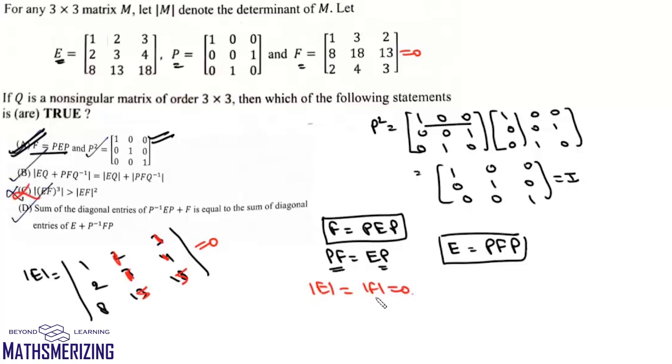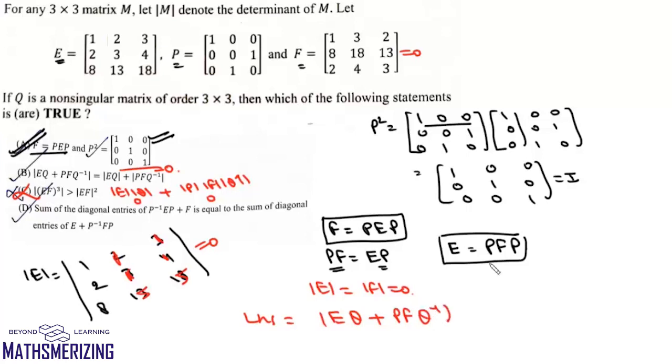Now since determinant of E and determinant of F is 0, if we look at this right hand side, determinant of E into determinant of Q plus determinant of P, determinant of F, and determinant of Q inverse. Now this is 0 and this is 0, so this right hand side will be 0. And if we look at this left hand side, it is determinant of EQ plus PF into Q inverse.